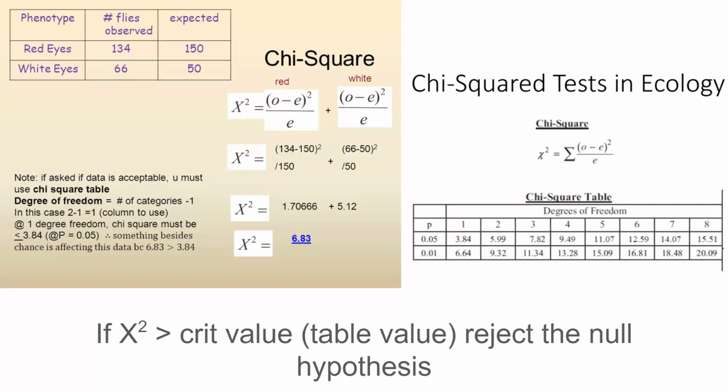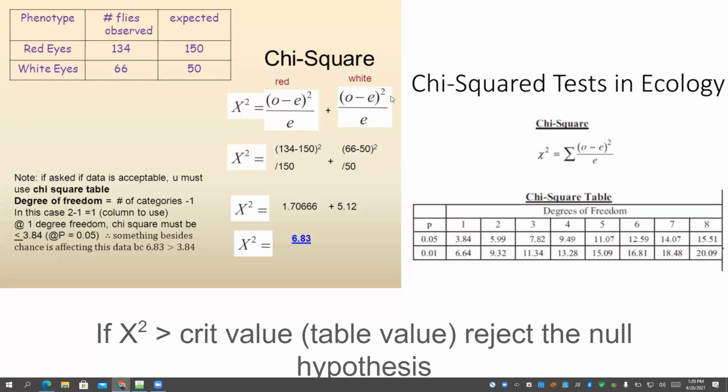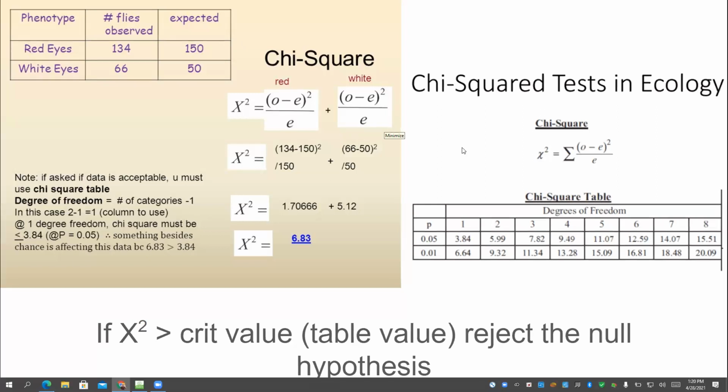To find the critical value, oops, I wrote down the wrong number. You figure out your number of degrees of freedom, which are always the number of categories you have, minus 1. And then you look in the area that has a p-value of 0.05. Yep, you're given this one here. So this is what it will look like on the actual equation sheet.